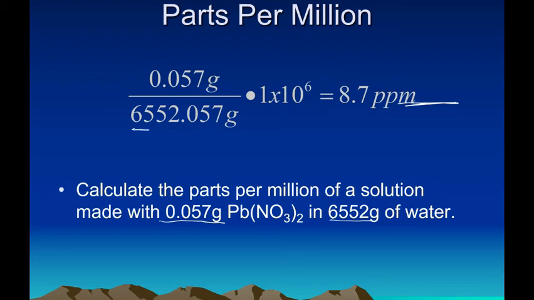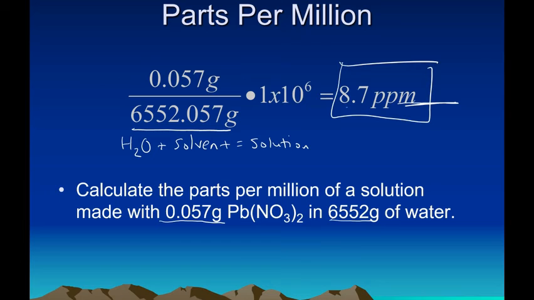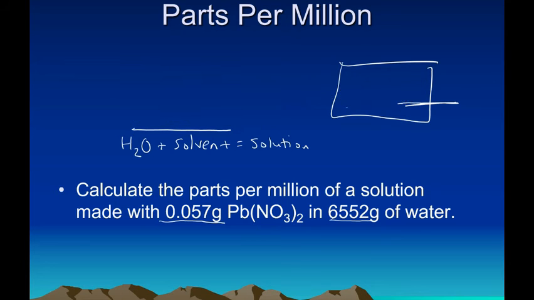Now, if you're wondering where I got that number, this is my mass of my water plus the mass of my solute, because that's what makes up my solution, the mass of my solution. And then times 1 times 10 to the 6, I get 8.7 parts per million. Okay.